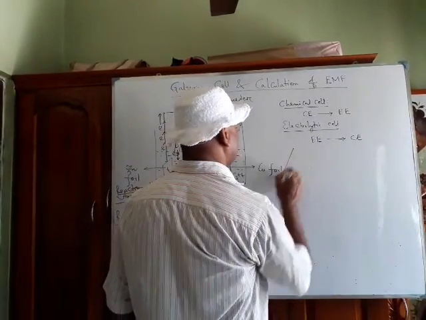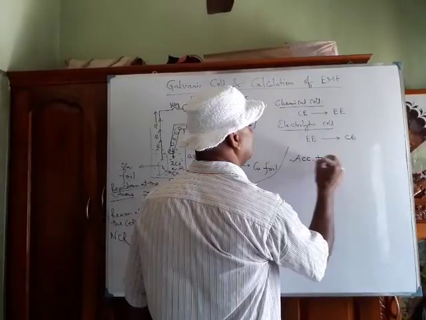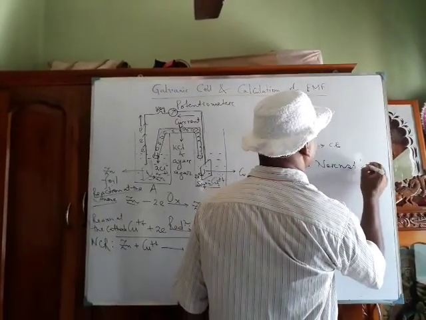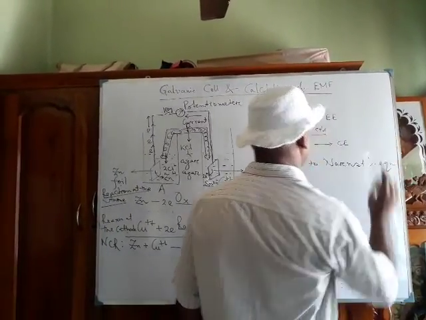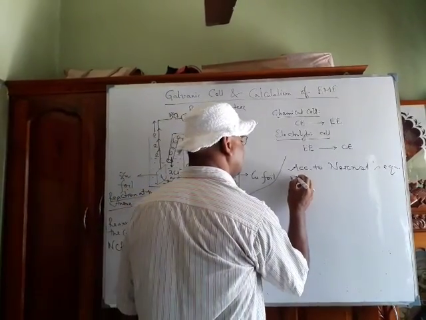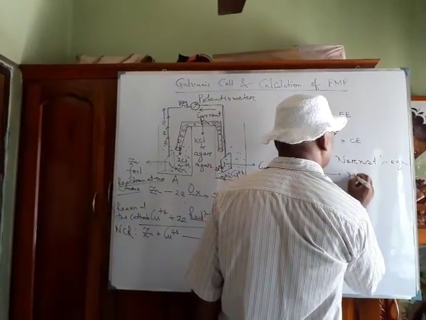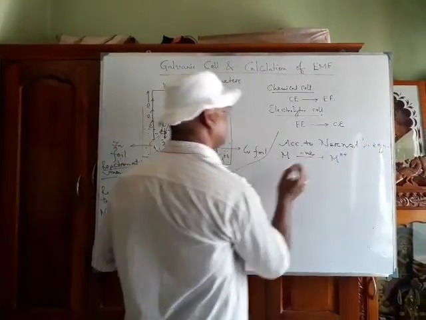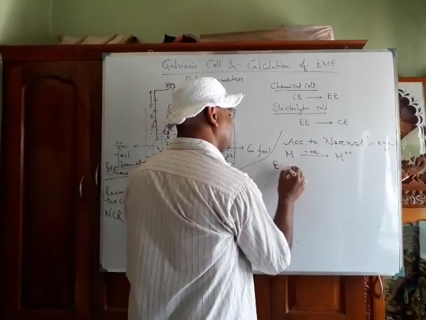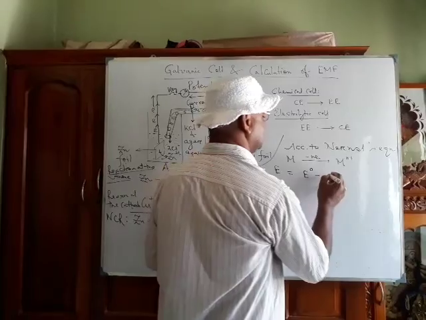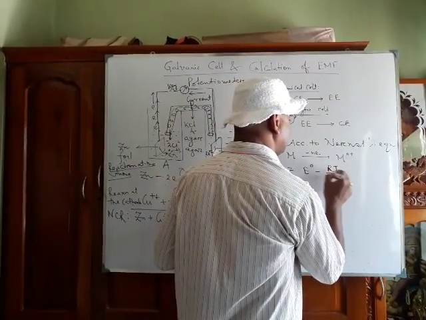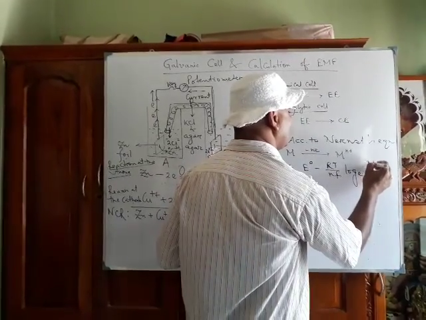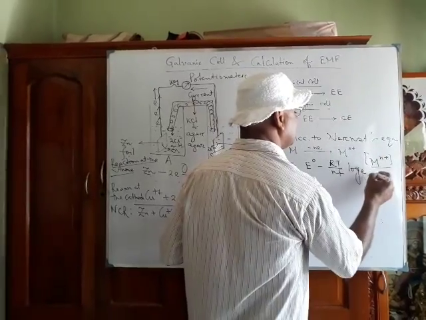According to Nernst's equation, suppose a metal changes to a metal ion having valency n+ by losing n electrons, then its EMF will be E naught minus RT divided by nF log base e, concentration of product divided by concentration of reactant.